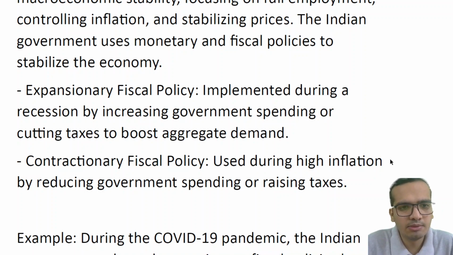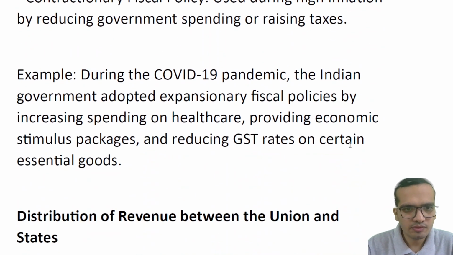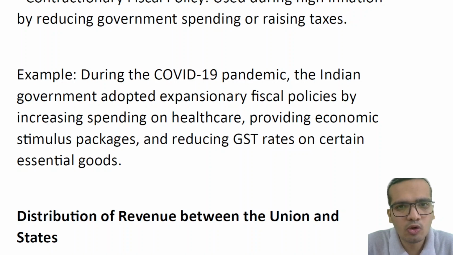And then second comes contractionary fiscal policy. It is used during high inflation by reducing government spending or raising taxes. So taxes are raised or the government reduces its spending. An example could be during the COVID-19 pandemic, the Indian government adopted expansionary fiscal policy by increasing spending on healthcare, providing economic stimulus packages, and reducing GST rates on certain essential goods.